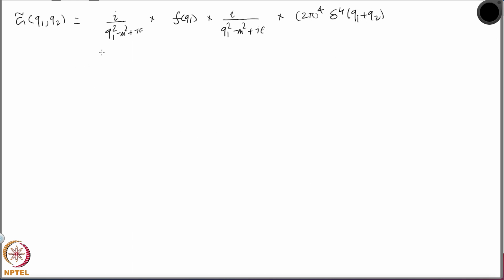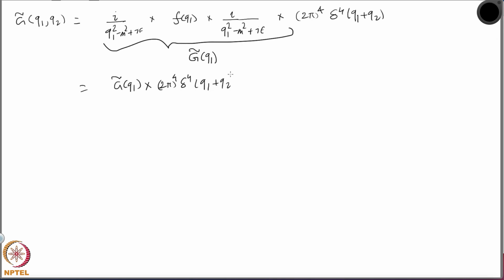I will denote this factor as G tilde of q1. So this becomes G tilde of q1 times 2 pi to the 4 delta 4 of q1 plus q2.